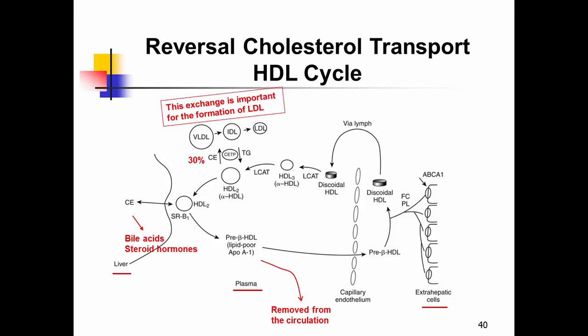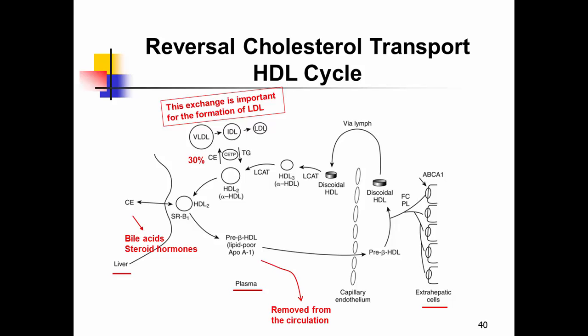Then it enters the plasma circulation, where several steps take place. First is the esterification of free cholesterol to cholesterol esters, catalyzed by the enzyme LCAT present in the plasma. Once esterified, the cholesterol esters enter the core of the alpha HDL. Once they receive the lipids, pre-beta HDL becomes alpha HDL.